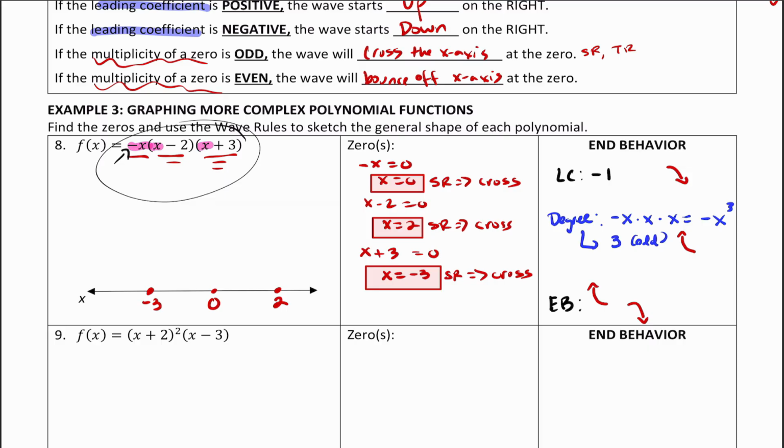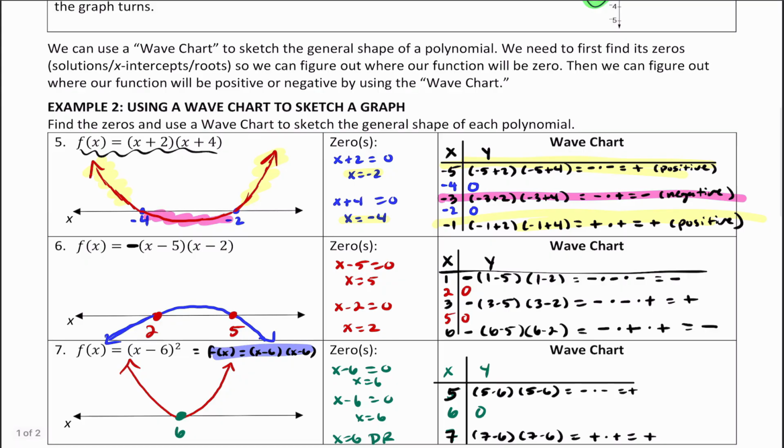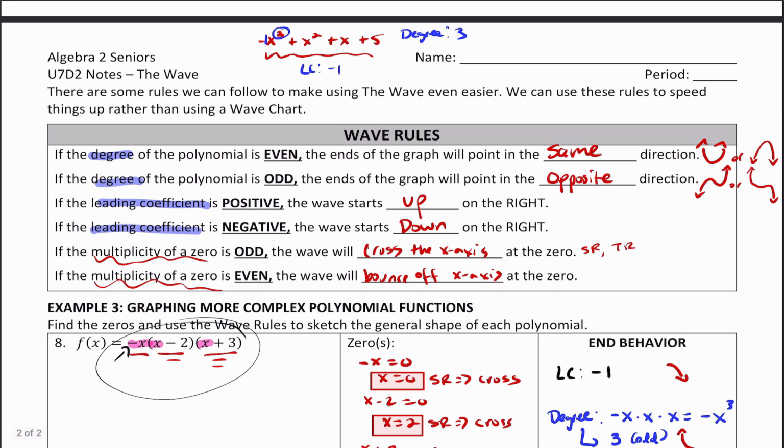Now we're going to sketch the wave of this function. Whenever we apply these rules, we always have to start on the right. If you use the wave chart process, it doesn't matter, you're just following the chart. But whenever you use the wave rules, if you want to make your life easier, you have to start on the right.